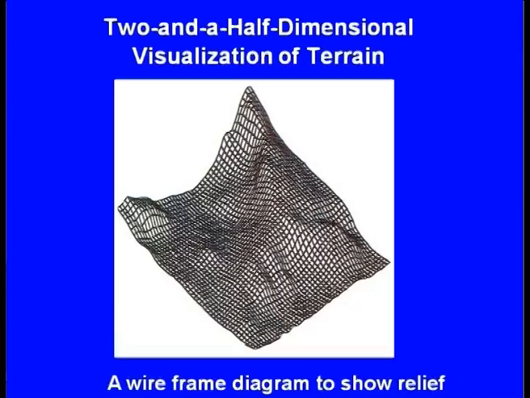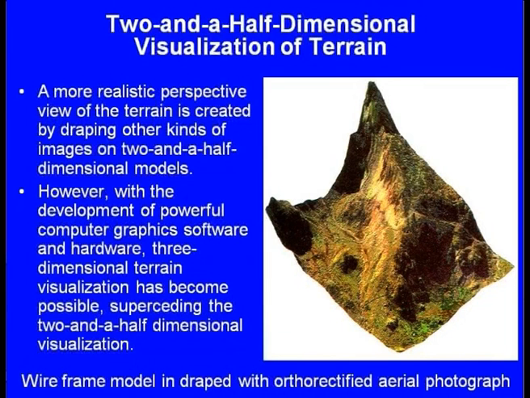So, this particular slide shows a 2.5 dimensional visualization of the terrain, wherein the twisted form of the wires helps the viewer to visualize the change in the curvature or the slope of the ground. A more realistic perspective of the terrain is created by draping other kinds of images on the 2.5 dimensional model.